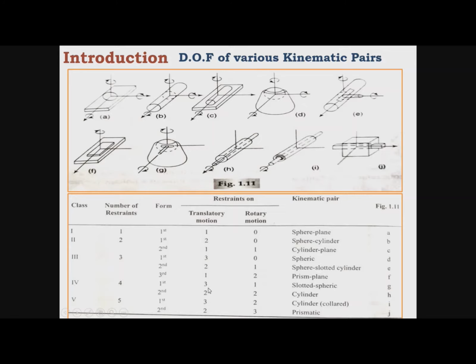Slotted sphere, 3 translations and 1 rotation motion is restricted. In cylinder, here 2 translations and 2 rotations are restricted. Cylinder with collar, 3 translations and 2 rotations are constrained. A prismatic pair, 2 translations and 3 rotations are constrained.